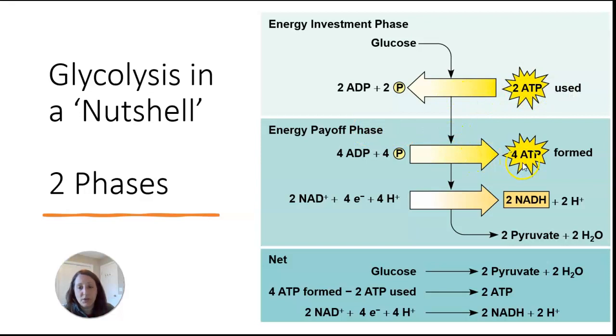So what happens is we get out 4 ATP, we get out 2 NADH, and we end up with 2 molecules of pyruvate, which again are 3-carbon molecules. So here's the net. So we put glucose in, we get 2 pyruvate out. We put 2 ATP in, but we formed 4, so we have a net yield of 2 ATP.